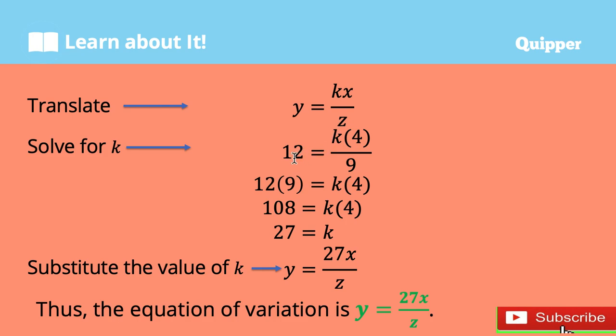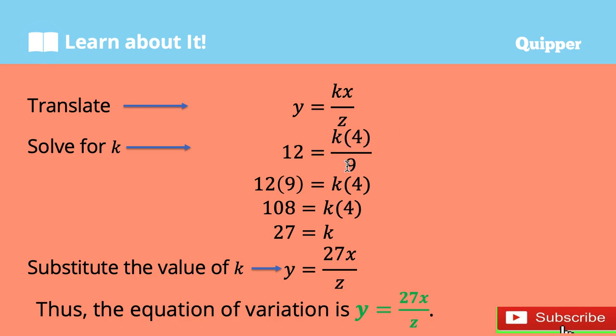We have 12 is equal to k times 4 divided by 9. Then multiply both sides by 9. So we have 12 times 9 on the left side, which is equal to 108. And then on the right side, k times 4 divided by 9 times 9.